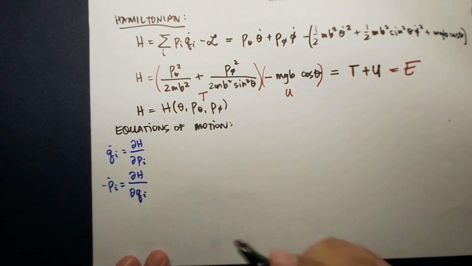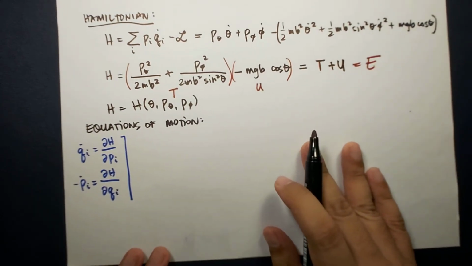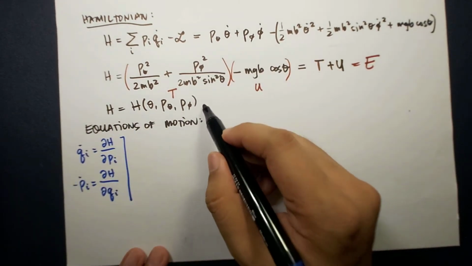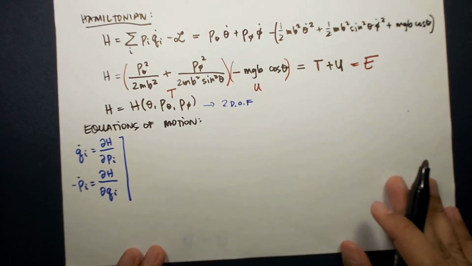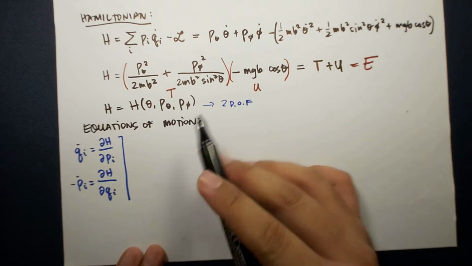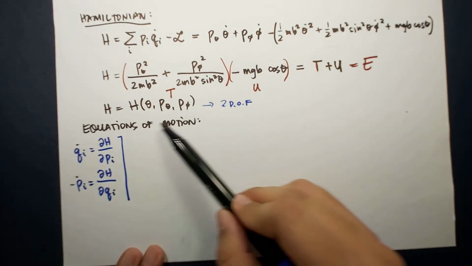As you will notice, we have 2 degrees of freedom, and for each degree of freedom we have 2 equations to describe the motion.